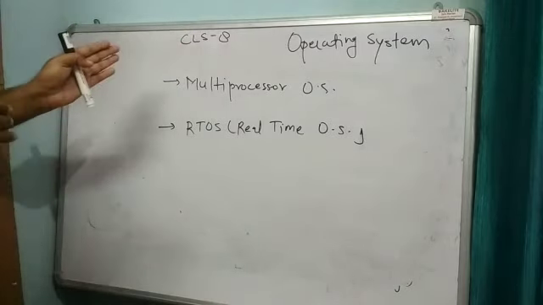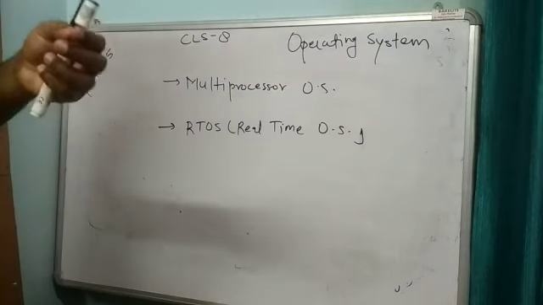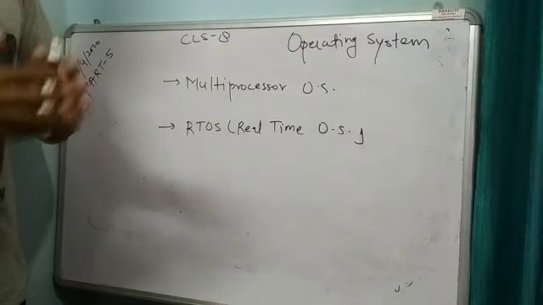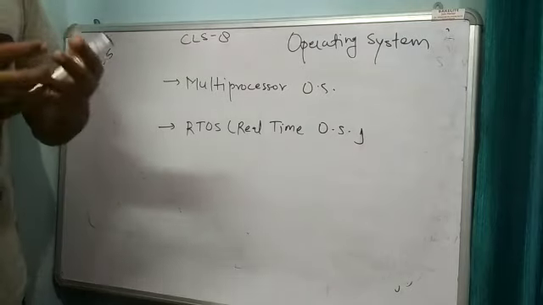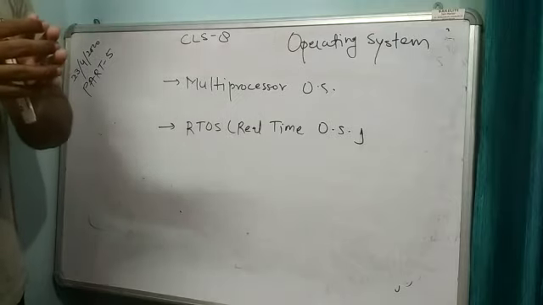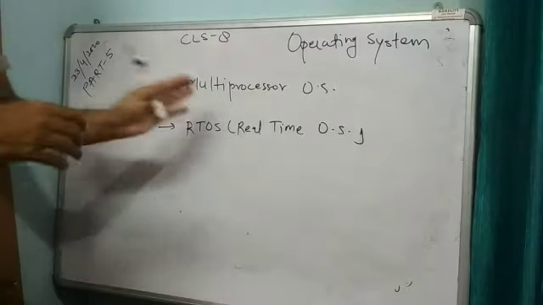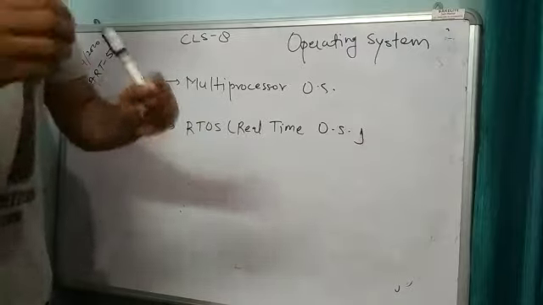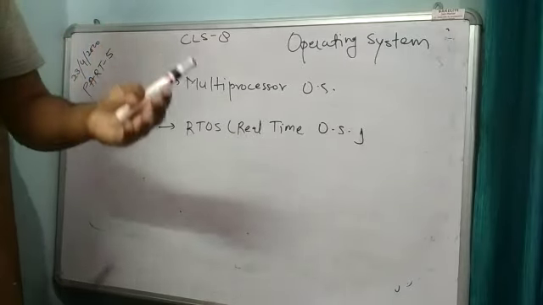So an operating system which is compatible with multiple processors, which share the common physical memory, is called a multiprocessor operating system. At your home you are using a single processor because of your requirement.